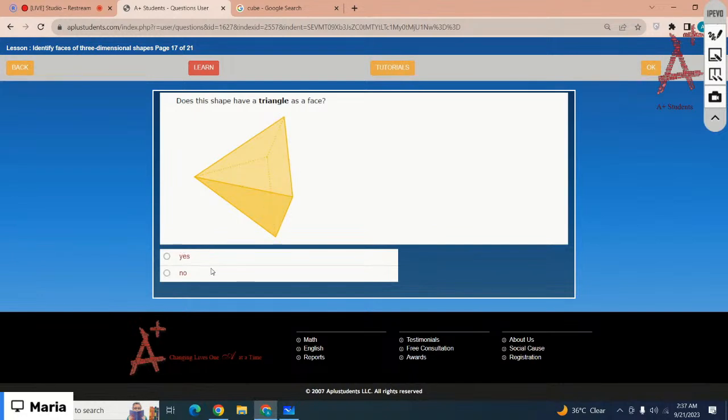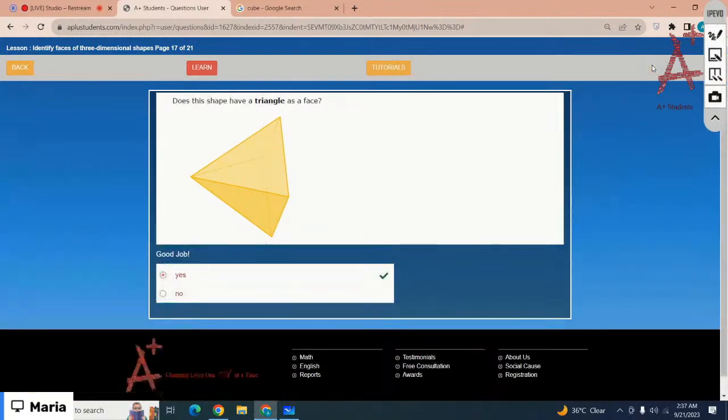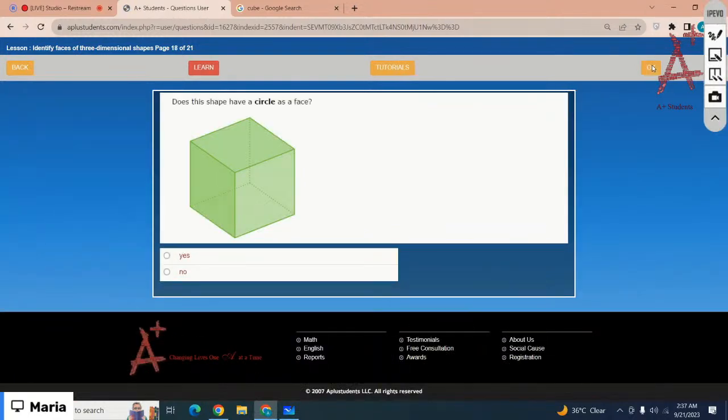The shape has a half triangle as a face. Does this shape have a circle as a face? No, it just has a square. The correct option is no, right?